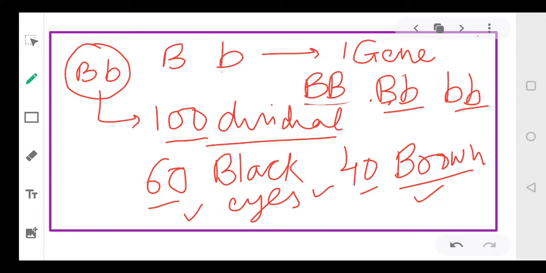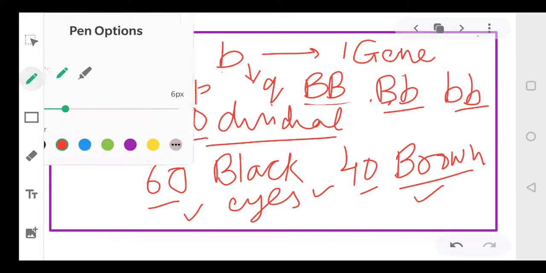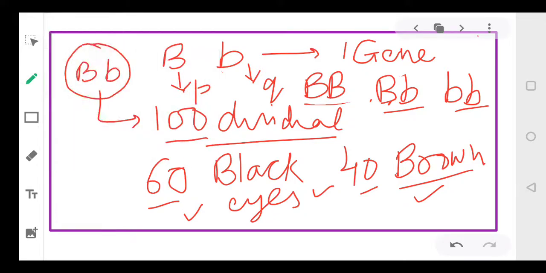Now let's see, the frequency of capital B is P and the frequency of small b is Q. Let's have another color. Let it be P and let it be Q. So P and Q are the frequencies of gene B and gene small b.